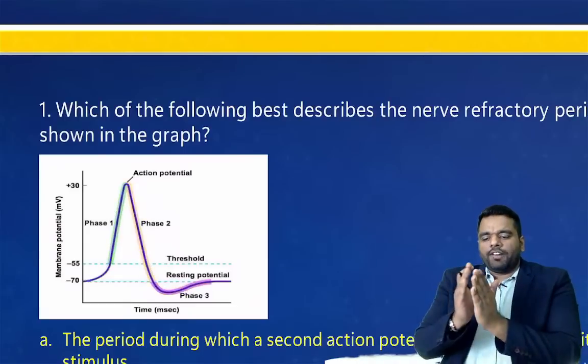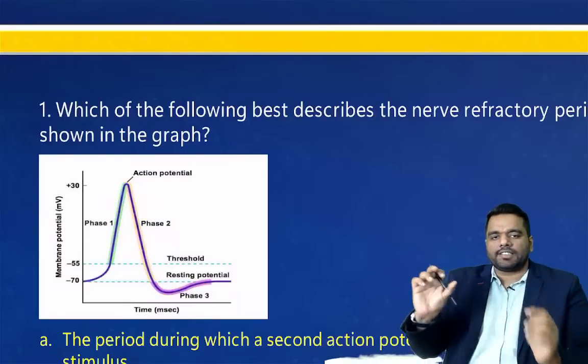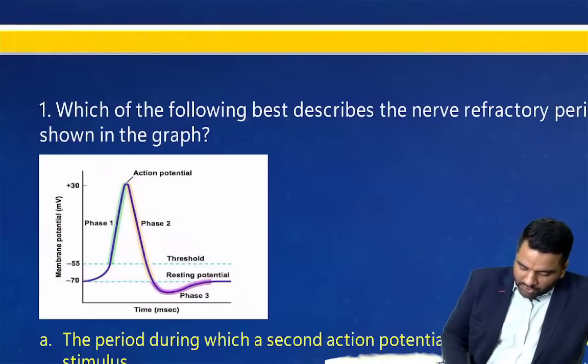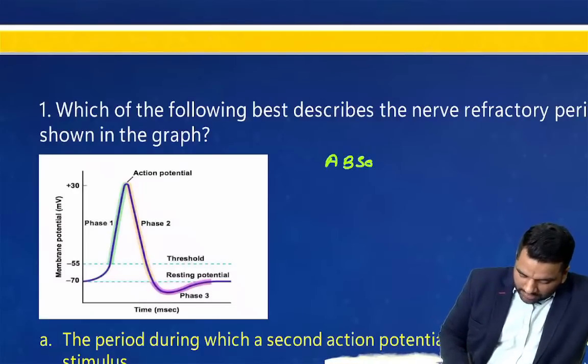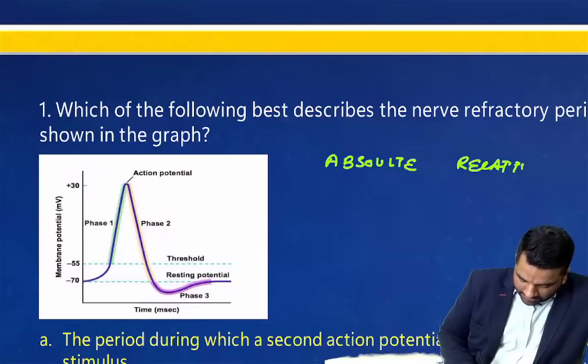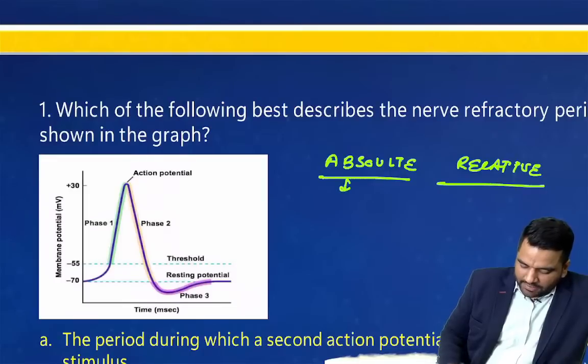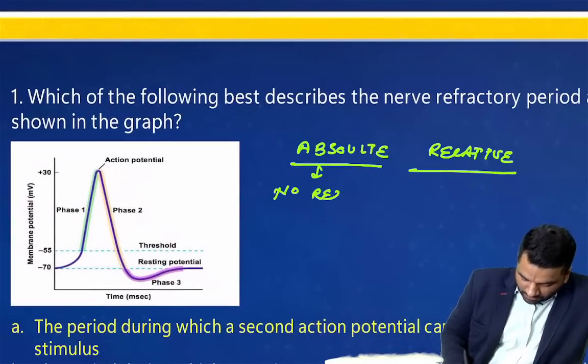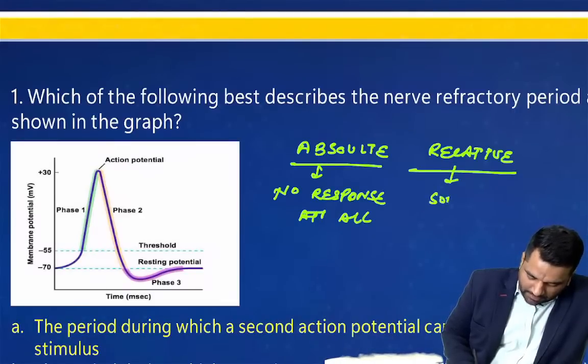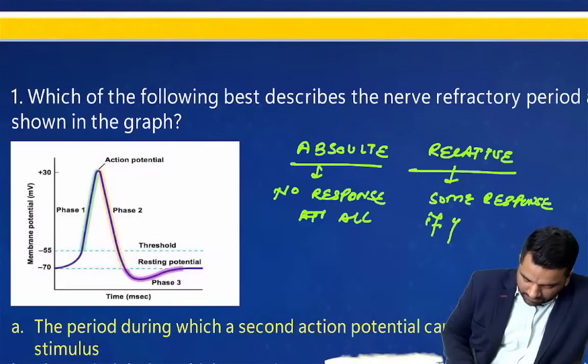But now, we divided this refractory period into two phases, absolute and relative refractory period. Absolute means no response at all, and relative means some response if you increase the strength or the current.